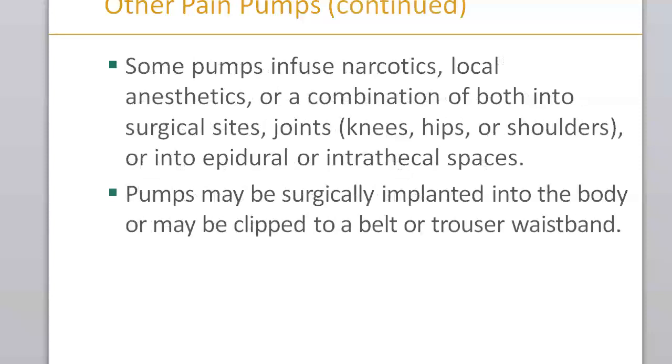Some pumps infuse narcotics, local anesthetics, or a combination of both into surgical sites, joints, knees, hips, or shoulders, or into epidural or intrathecal spaces. Pumps may be surgically implanted into the body or may be clipped to a belt or trouser waistband.